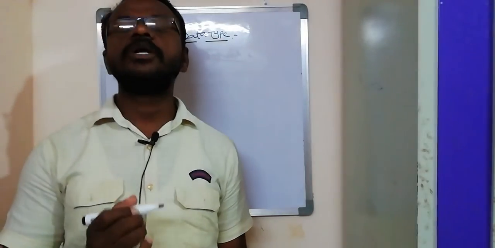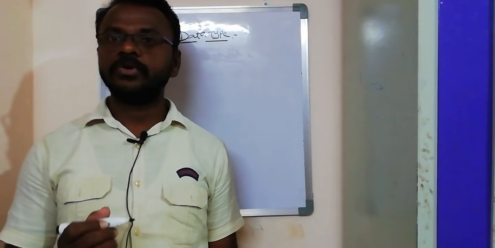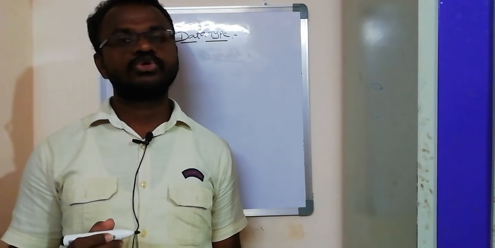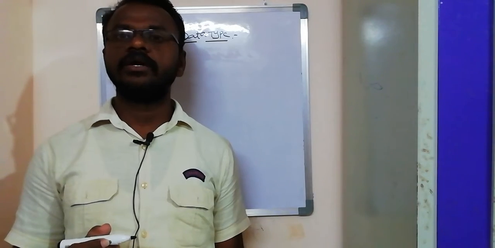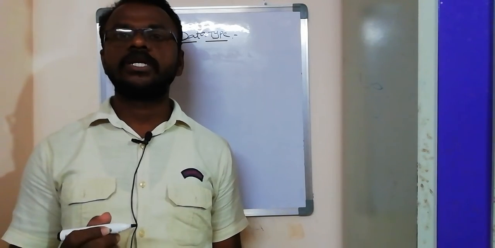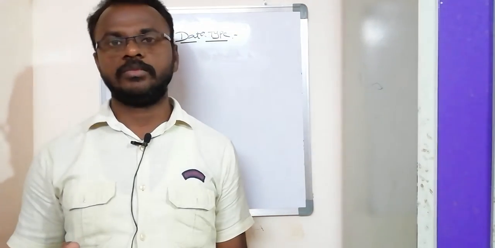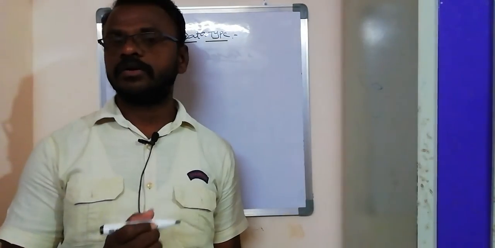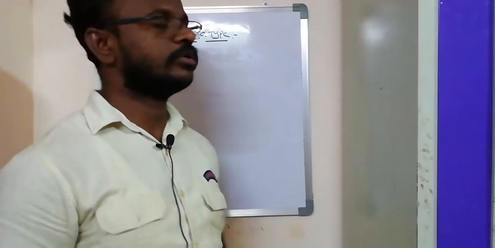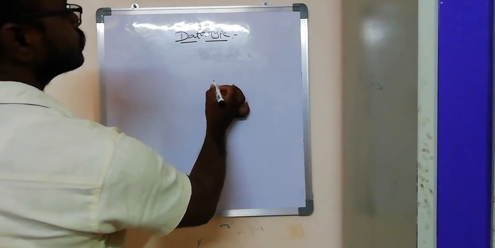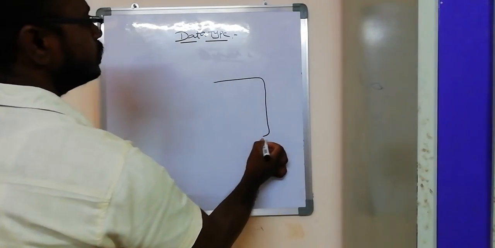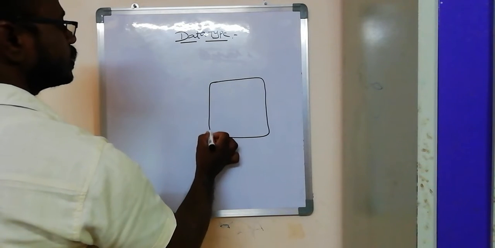So, what is meant by variable? Variable means to store any value under a particular name in the computer memory. Here is the graphical formation of the variable. This is the computer memory.